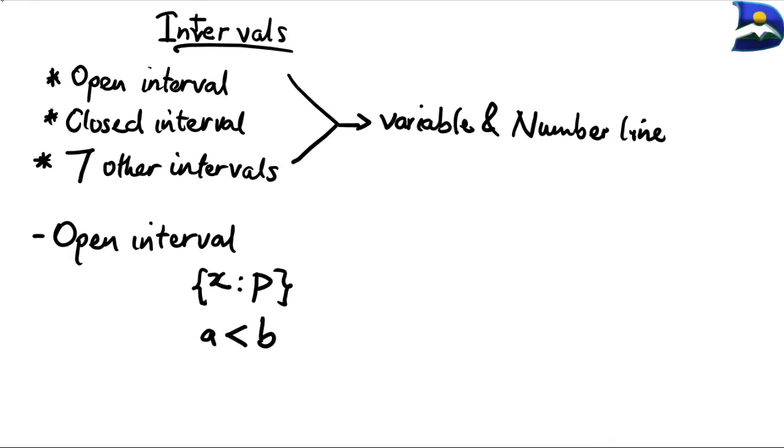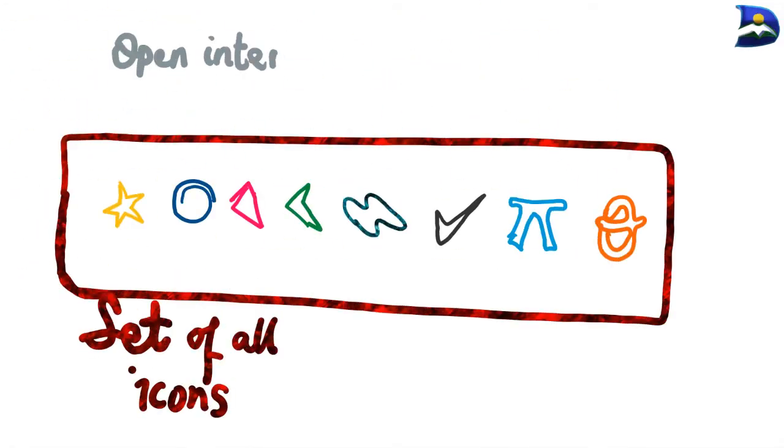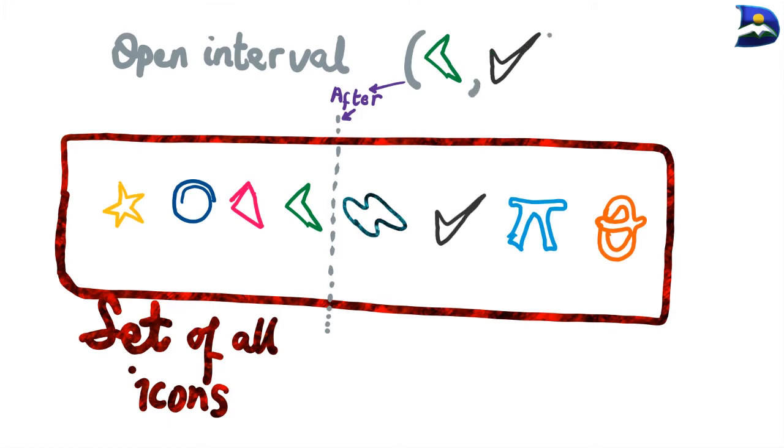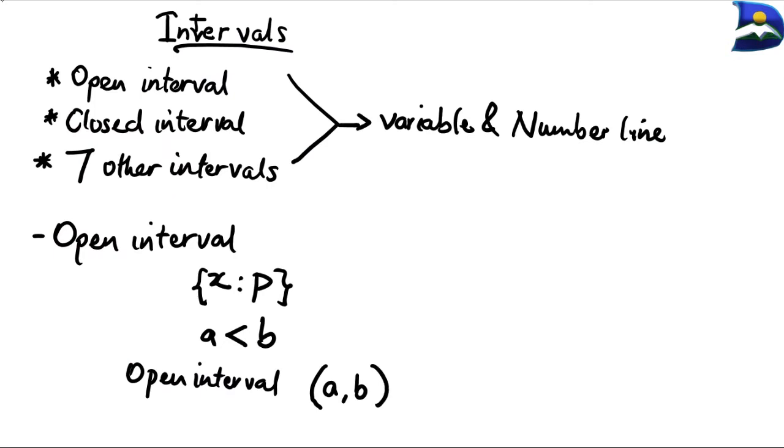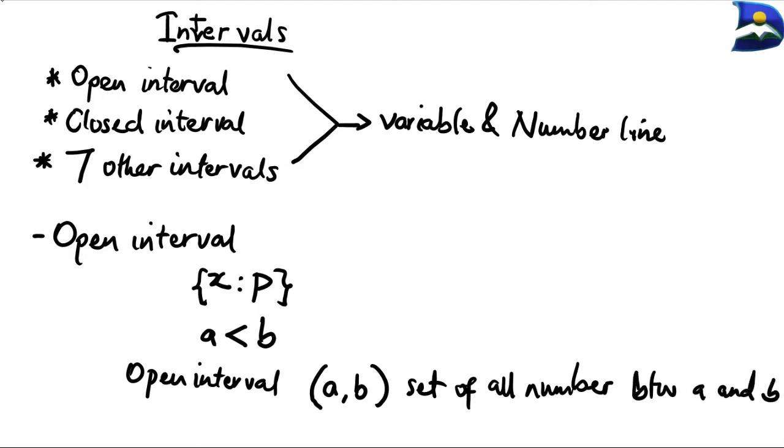So where a is less than b, we have a particular open interval, where our curved bracket (a, b) is the set of all numbers that are between a and b, but not including a and b.